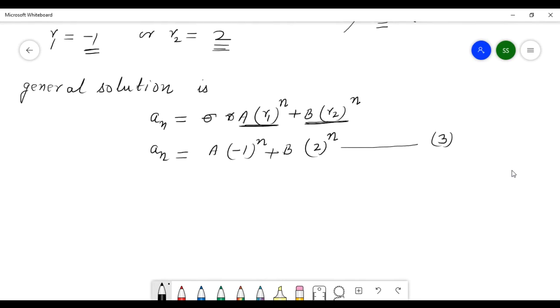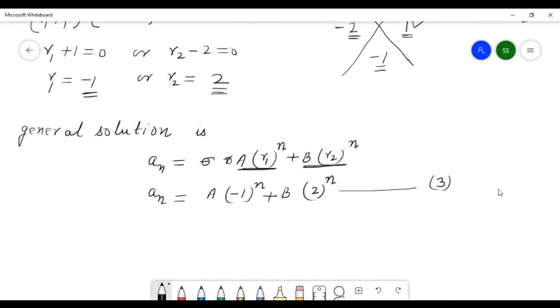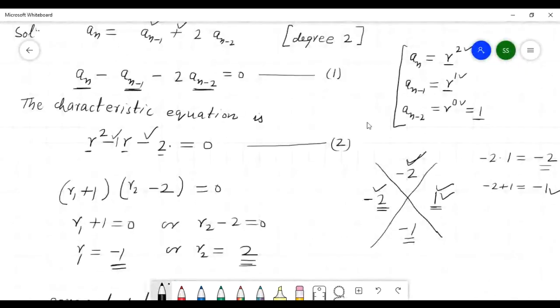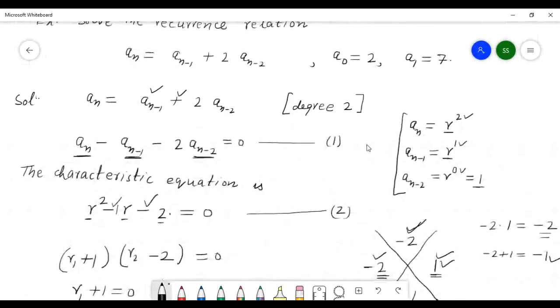Okay. Right? After that, see the question. After that, here another thing is present. What is that? Here is this one: a0 equal to 2 and a1 equal to 7. Yes. Now you have to use these two conditions also. How to use these two conditions? These two conditions you will use in the general solution.